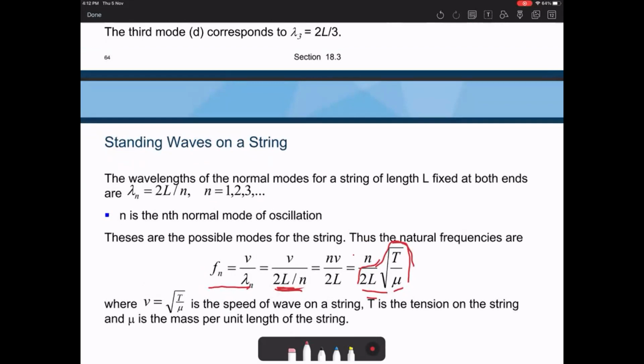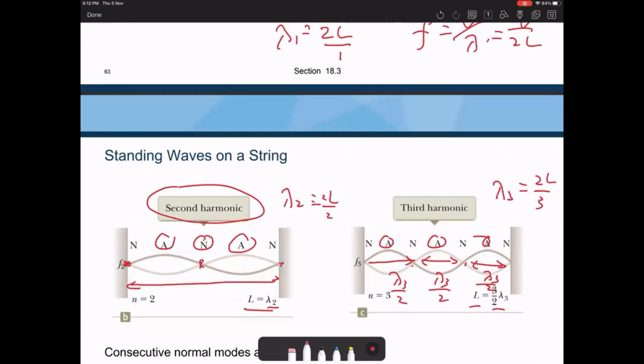In the case of a string fixed at the two ends, nodes must occur at the ends of the string because they are fixed. You cannot expect any movement for the particles, and any variation occurs in the middle.